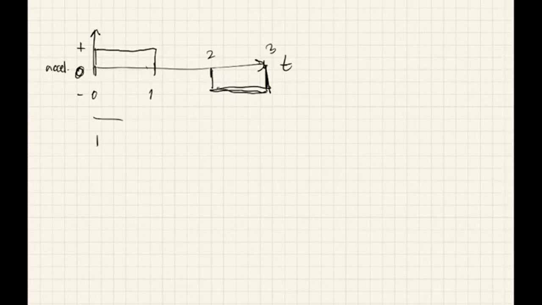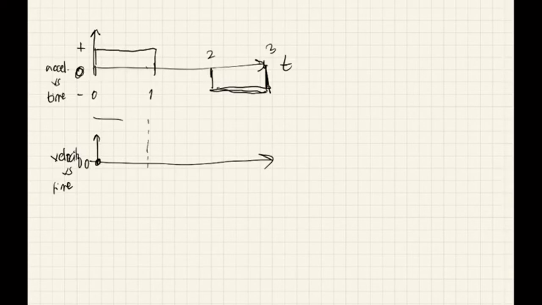Okay? Now, with the acceleration time graph, you can get the velocity time graph. In what way? Okay? If you start from rest, then you start here. This is the zero mark, that's the zero velocity. And of course, the same mark on the x-axis, which is time.